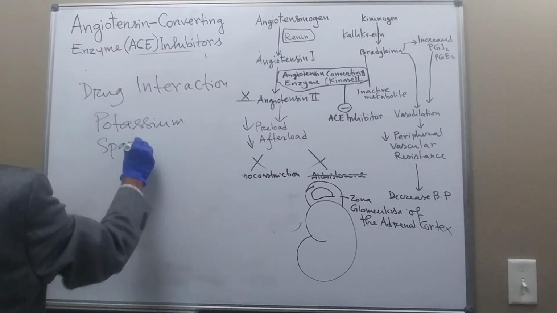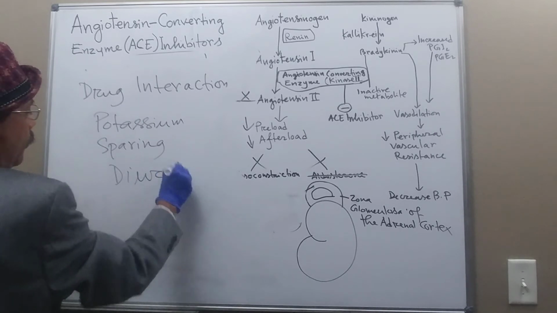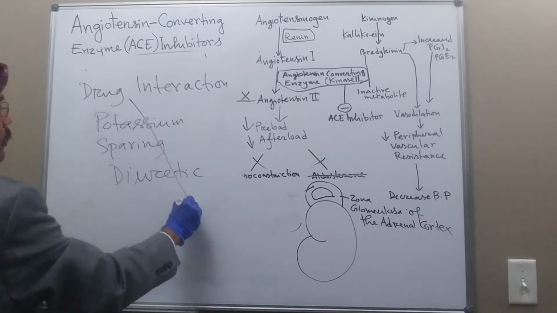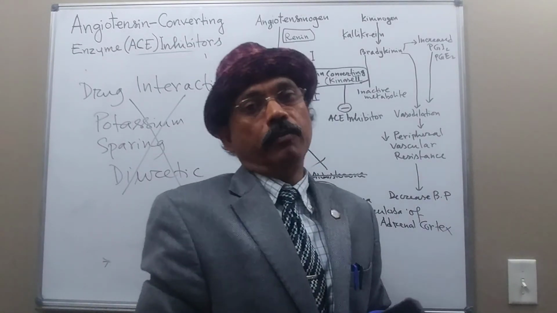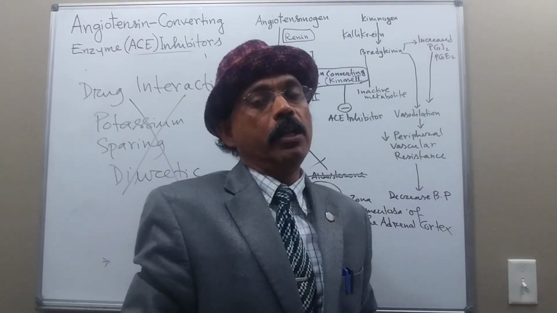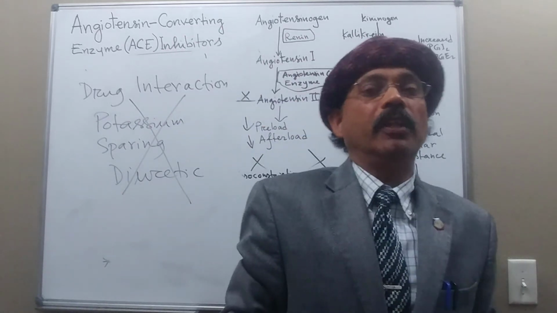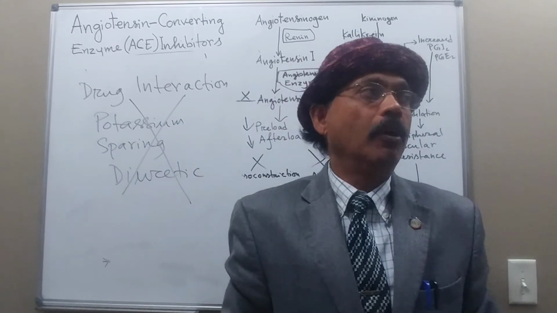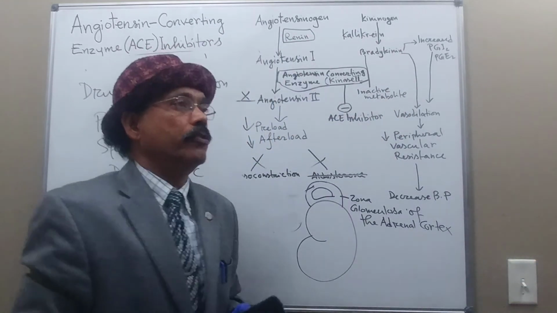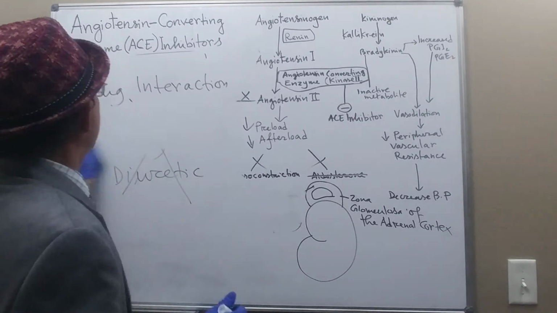This is a no. It will cause hyperkalemia and may cause a lot of electrolyte imbalance. So no potassium sparing diuretics like spironolactone along with the ACE inhibitor, and also along with the angiotensin 2 receptor antagonist. Very important.